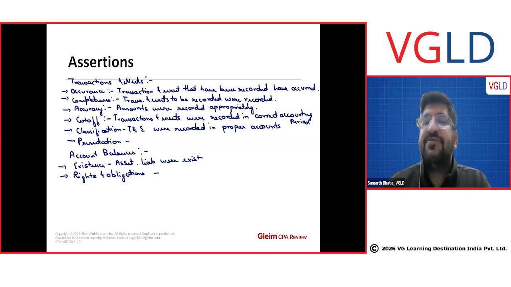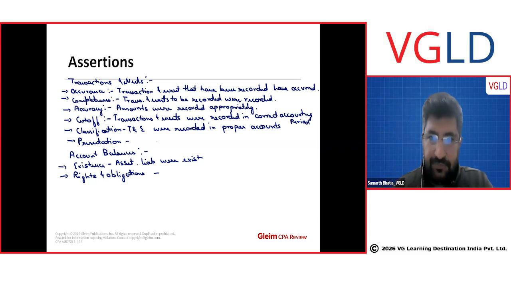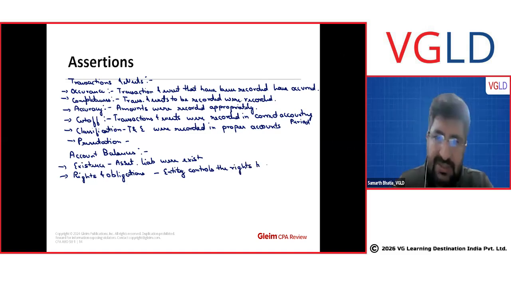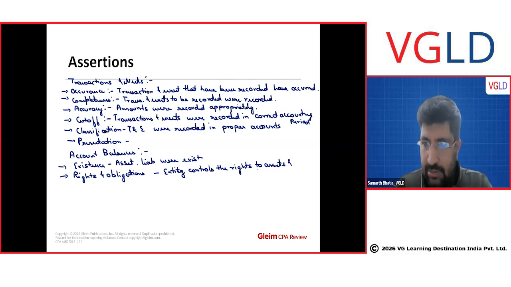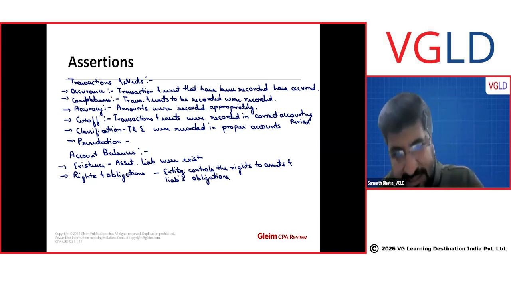We can't show the assets of someone else in our own books. That's very important. So the entity controls the rights to assets, and liabilities, obligations. They have the obligation towards the liabilities.